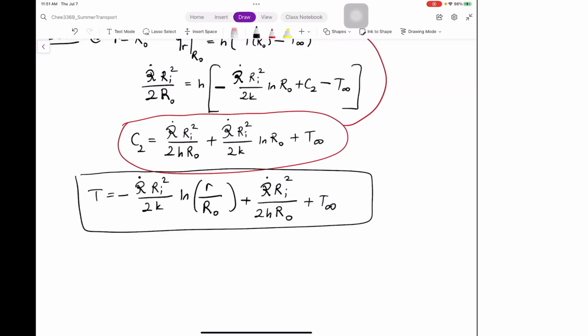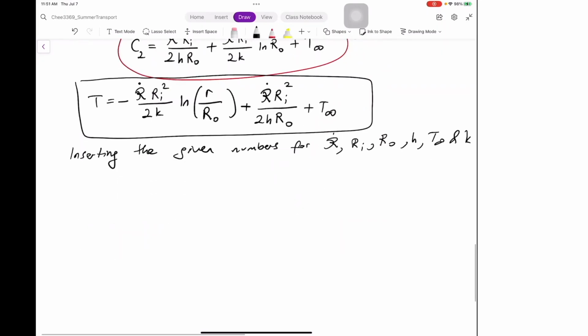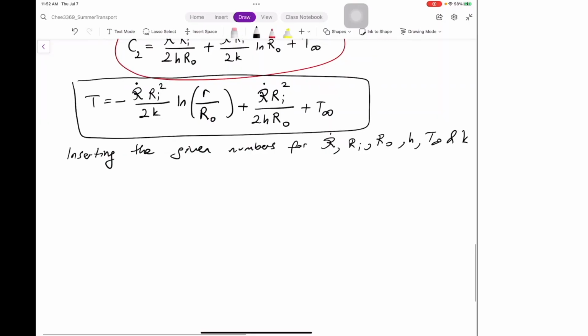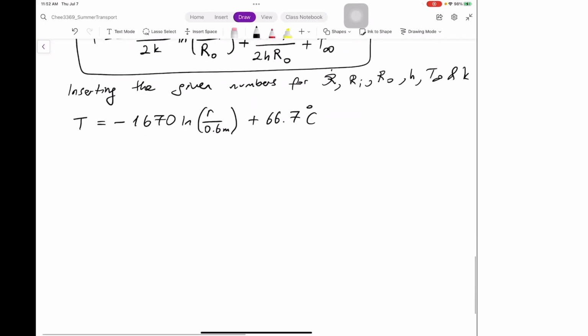Now you should insert the given numbers for q-dot, R_i, R_o, h, T infinity, and k. You get the following. T is equal to negative 1,670 logarithm of r over 0.6 meters plus 66.7 degrees centigrade.